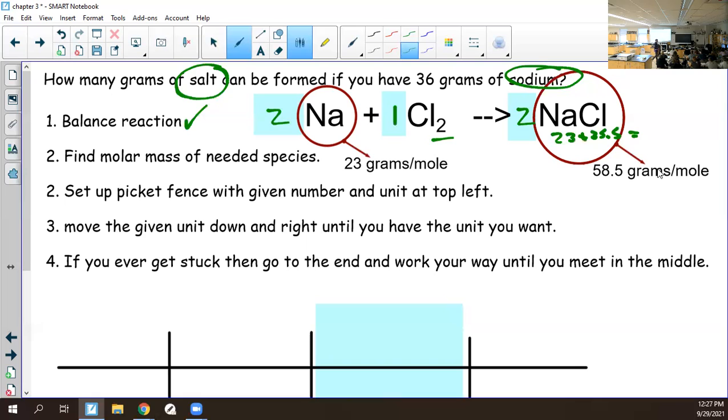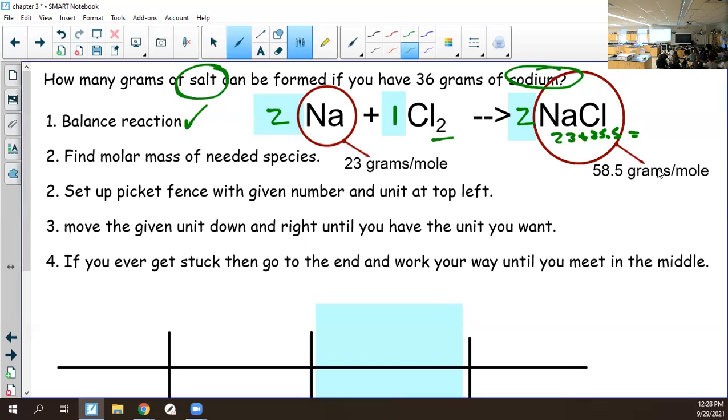Will you tell your partner if you know how to find molar masses when there's more than one type of atom? Tell them real quick. Okay with that? All right.